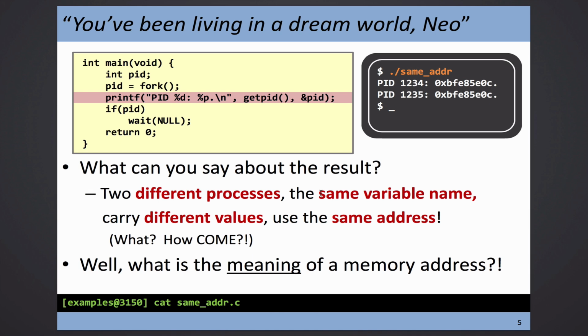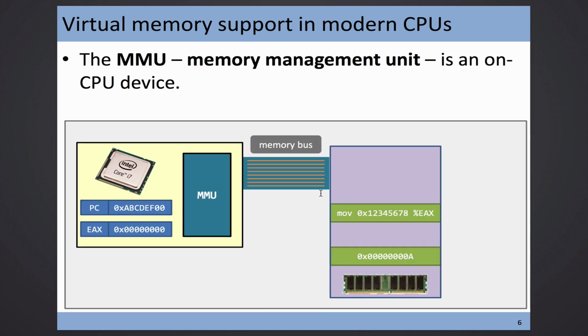And very interestingly, this kind of address together with the instructions. There are addresses in the instructions, right? They are all coded in terms of virtual address, not physical address.